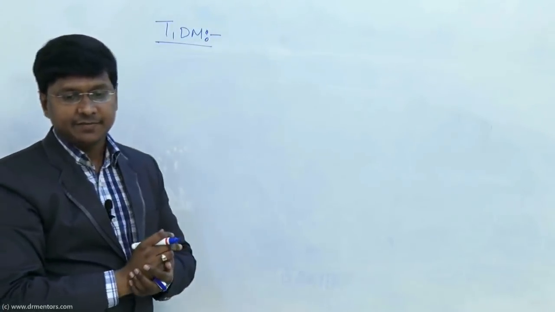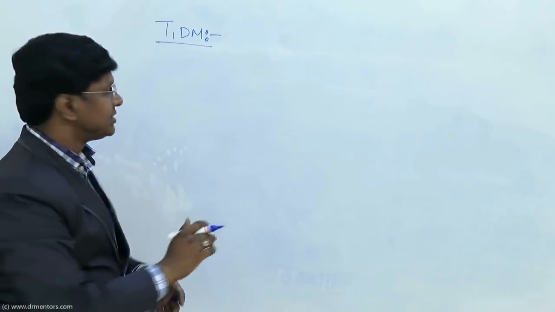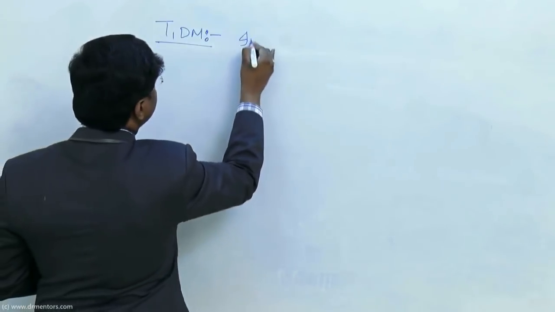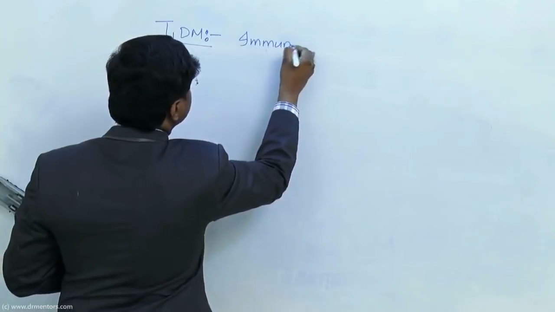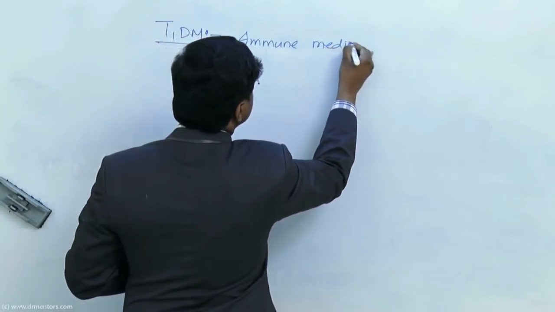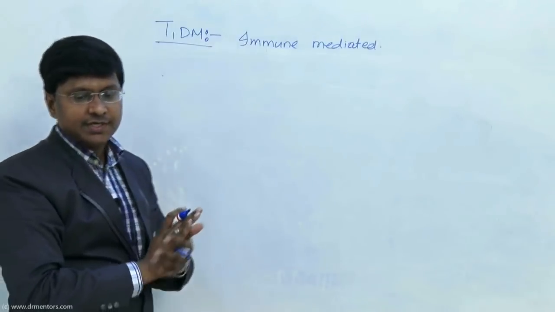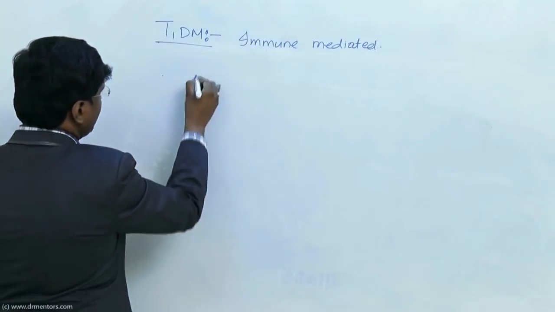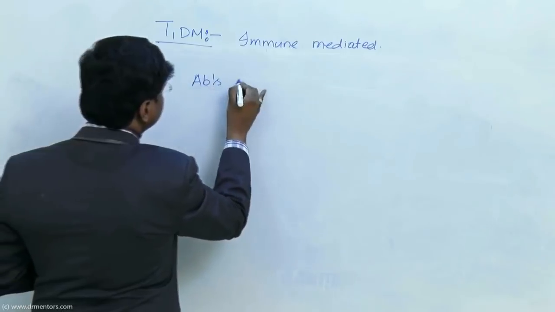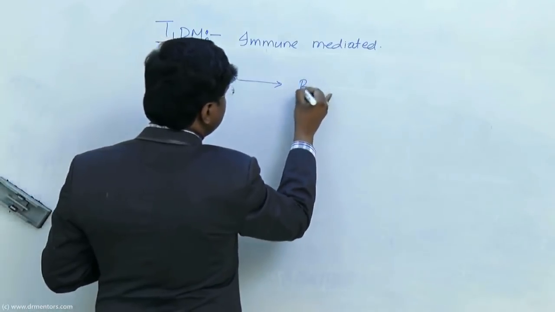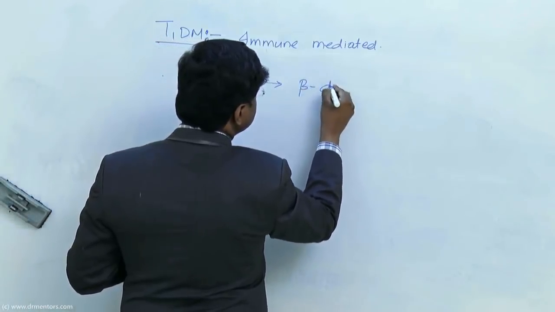If you take type 1 diabetes mellitus, this form of diabetes is an immune mediated disease, that is, it is an autoimmune disease. The antibodies are formed against the beta cells and they will cause the beta cell destruction.